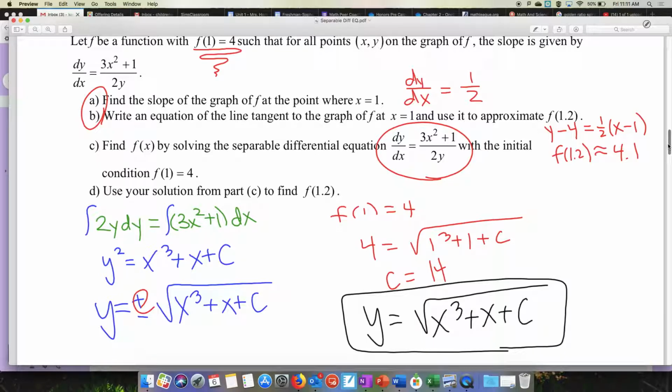Okay, so yeah, that's fine. Just since it's a particular solution, we have to choose the positive one. And your C is still the same as mine. Yeah, but make sure the square root extends.